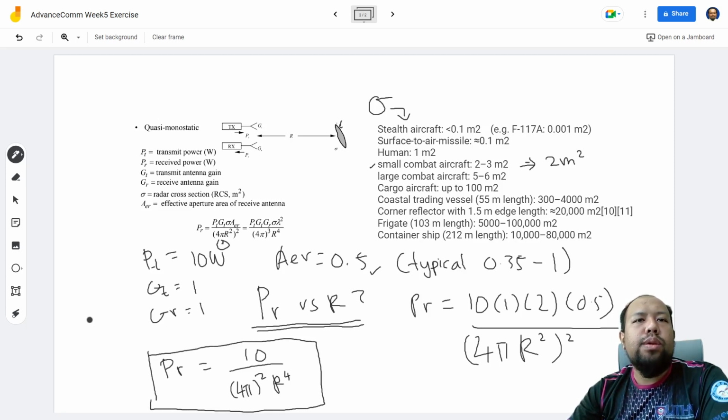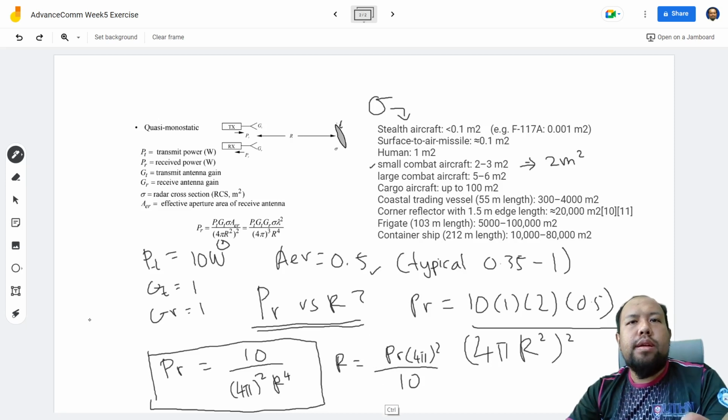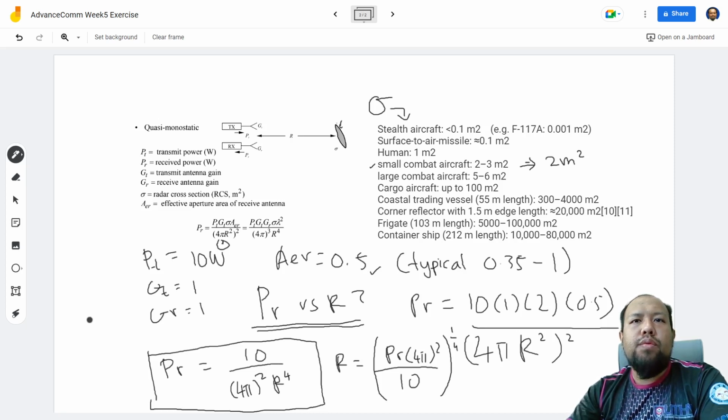So how do we know the distance between transmit and receive? We can rearrange this equation and we get R will equal PR times 4 pi squared over 10, all to the power of 1 over 4.